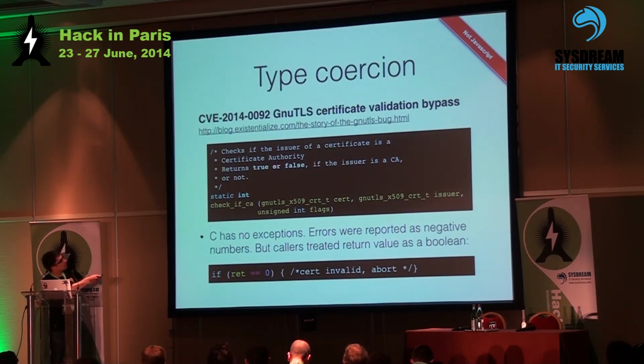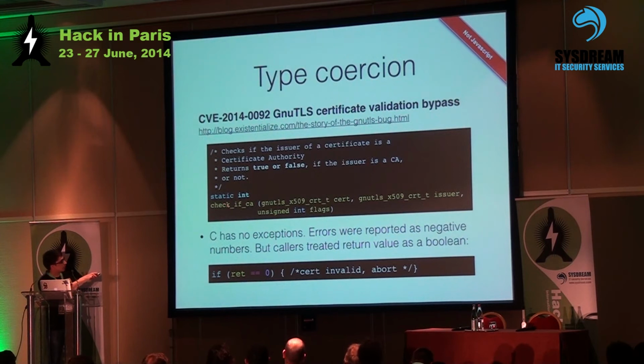It returns true or false, though actually it returns an integer. And in C you don't have exceptions, so usually when you have an error signal, you return a negative value. Because of that, whenever the attacker was able to trigger an error condition in this function, and it is pretty easy, you send an invalid certificate in a certain way.